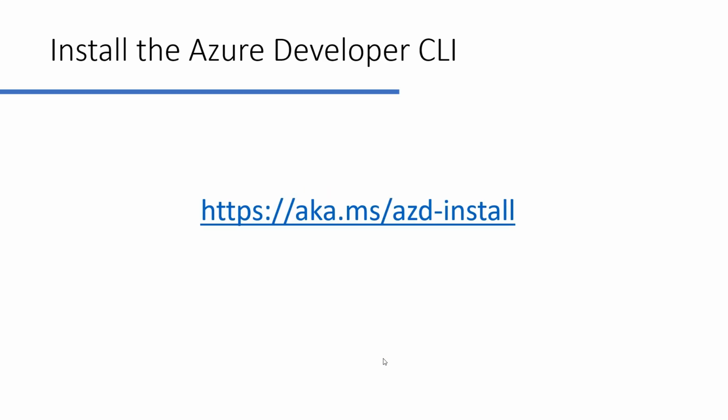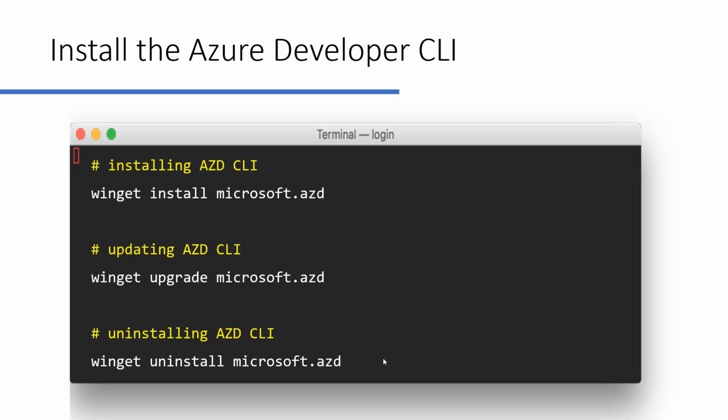So I could install it from there. There are links for that. Or if I'm using Windows, I can use Winget. Winget is available for Windows 10 and Windows 11, and you can see it as apt-get for Windows, for the Linux people that are hearing this session. So Winget is a CLI.